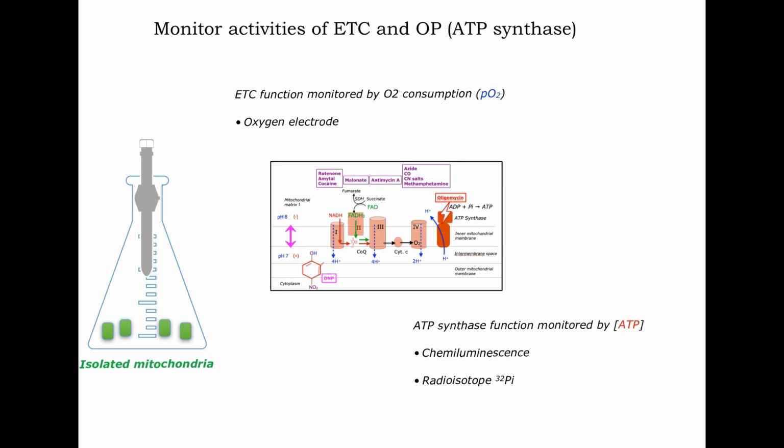So in these experiments, basically what we do is we measure the concentration of ATP or the concentration of oxygen by the oxygen electrode with time. So let's see what happens when we add certain chemicals to the mitochondria, and see what happens to their PO2 as well as to the concentration of ATP.